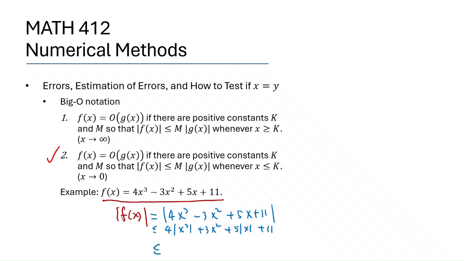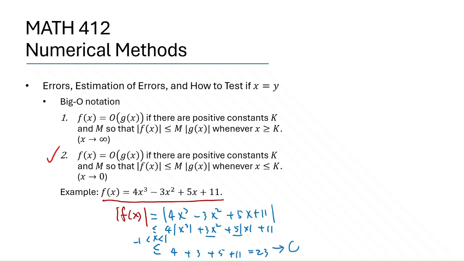If x is in the range from -1 to 1, exclusive, then this will be less than 4, this less than 3, this less than 5, plus 11. That's 4 plus 3 plus 5 plus 11, which is 23.